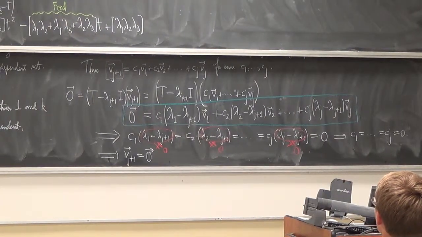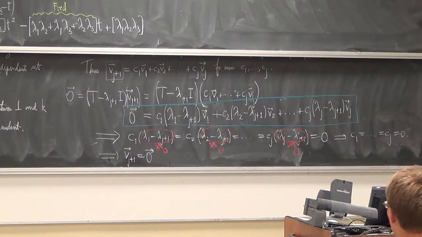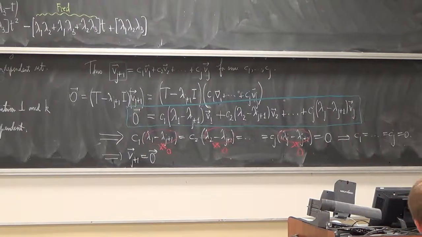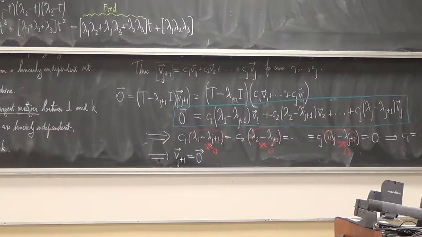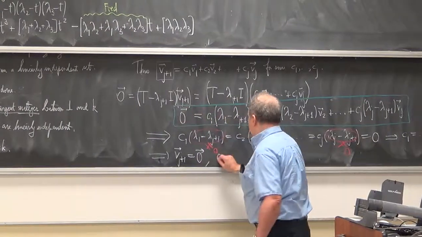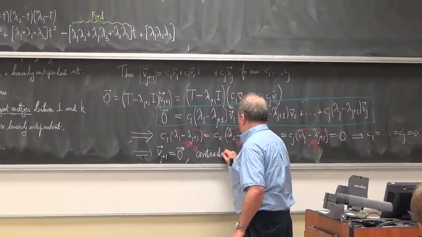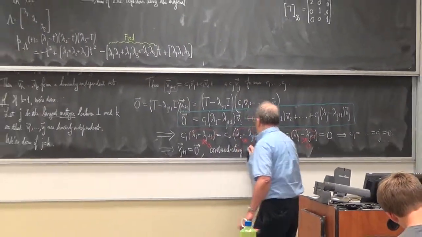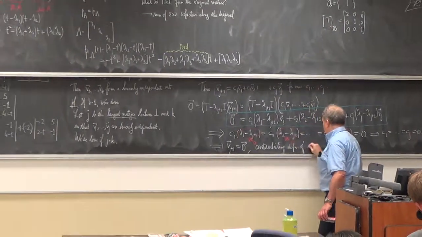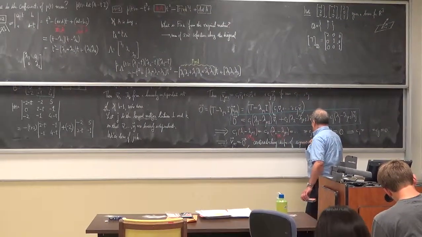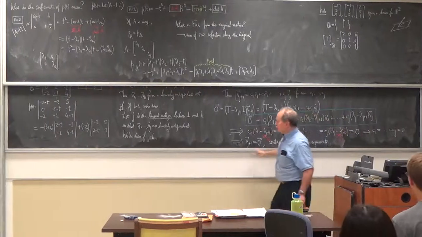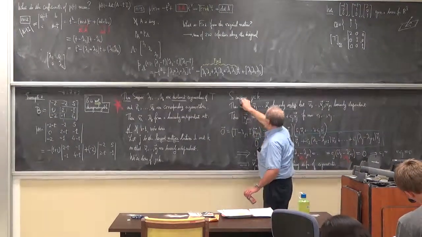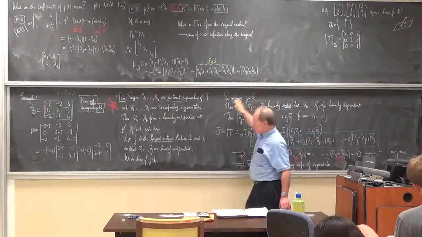Because the eigenvector is non-zero by definition. Eigenvectors cannot be 0, so this contradicts the definition of eigenvector. Therefore, this can't happen. So the supposition that j is less than k can't happen, which means we're done.